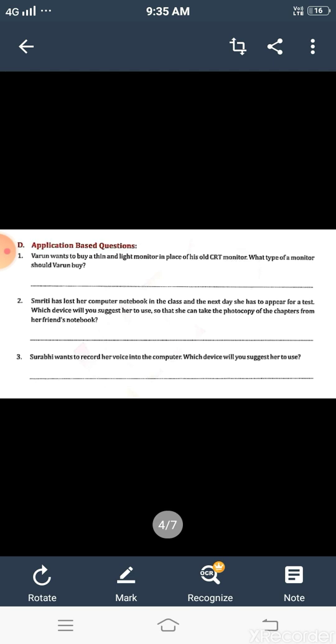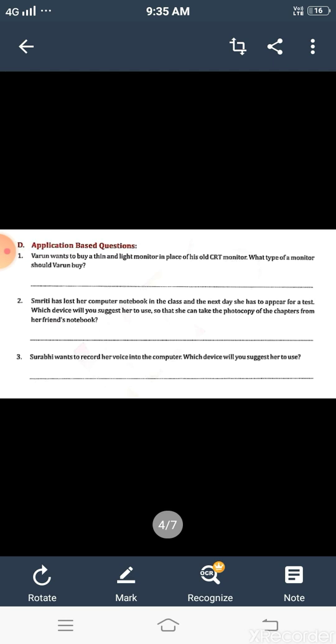Now come to the application based questions. Question number 1. Varun wants to buy a thin and light monitor in place of his old CRT monitor. What type of monitor should Varun buy? Answer is LCD or LED monitor. Question number 2. Smriti has lost her computer notebook in the class and the next day she has to appear for a test.